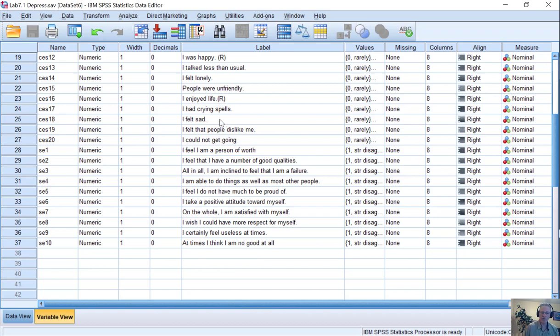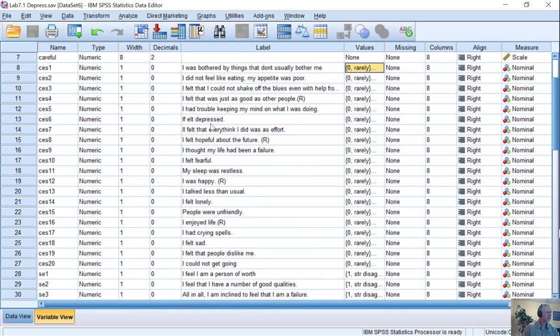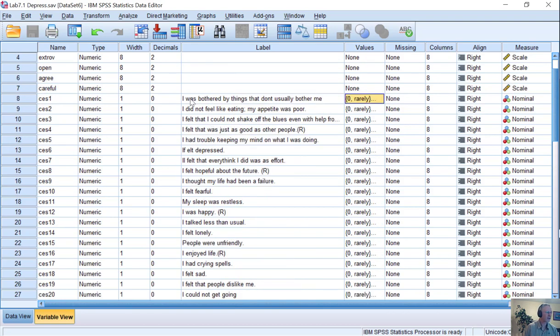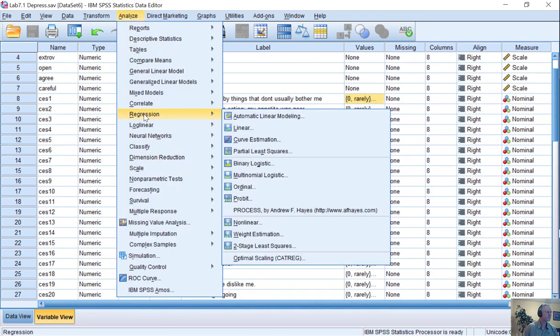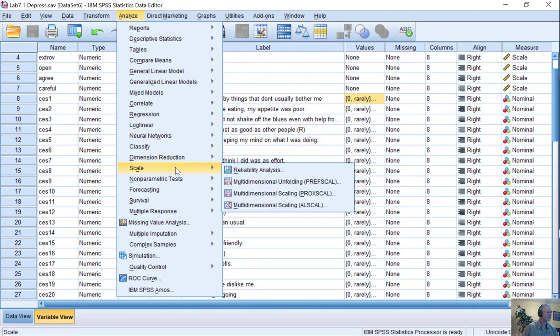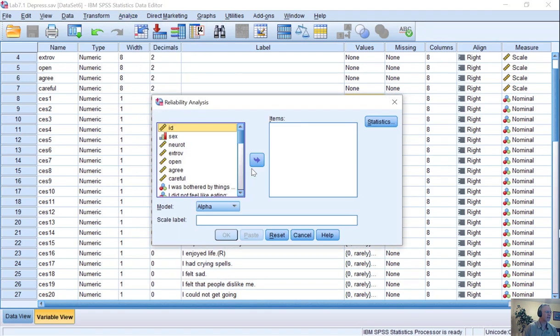But first I'm going to start off by just looking at the reliabilities to see if the reliabilities of these items are high, just like we did last time. So I'm going to go to Analyze, Scale, Reliability Analysis.